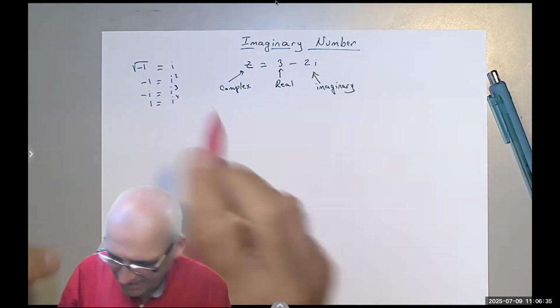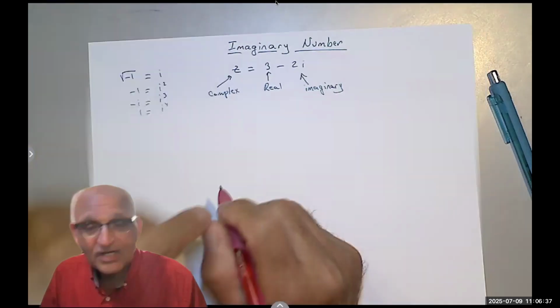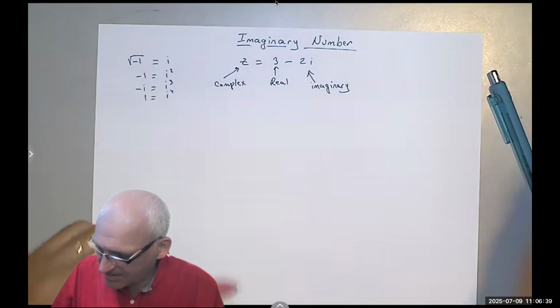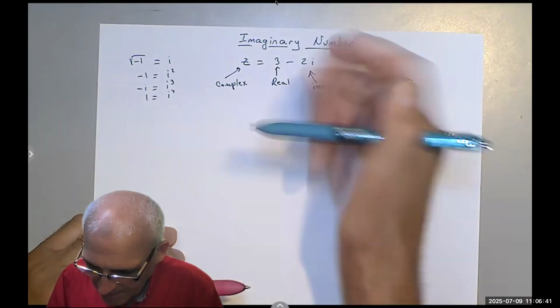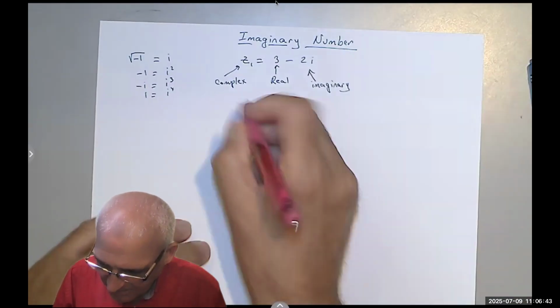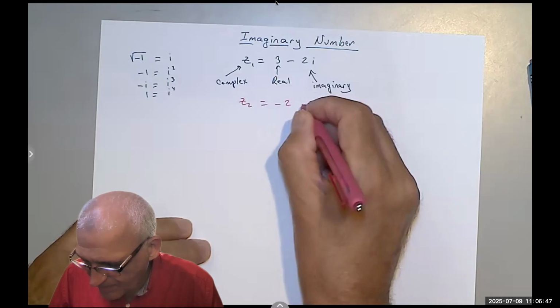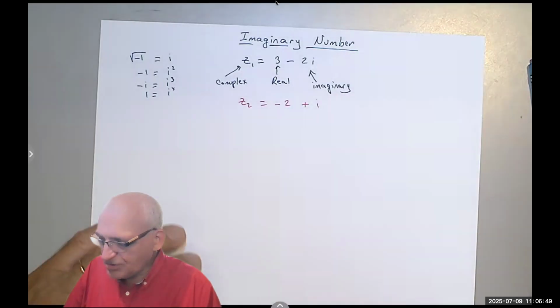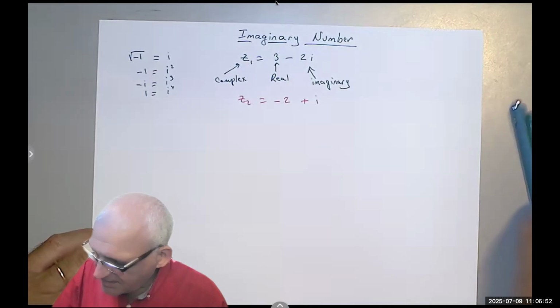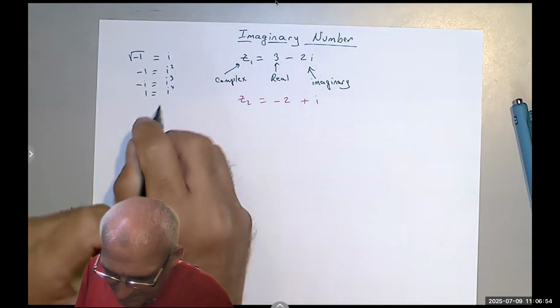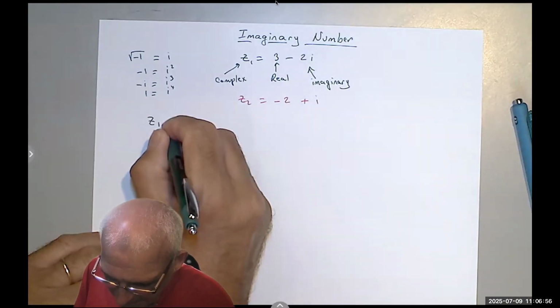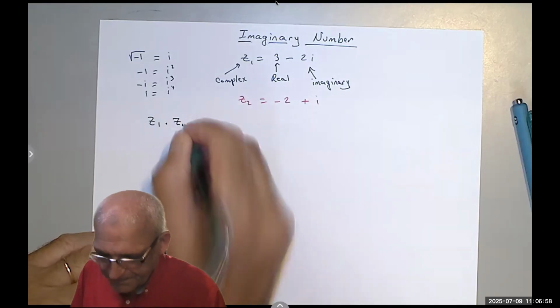Yes, I did. Okay, so let's assume we call this Z sub 1, and then we get another number called Z sub 2, which is, for example, -2 plus I. And I tell you, find Z1 times Z2.